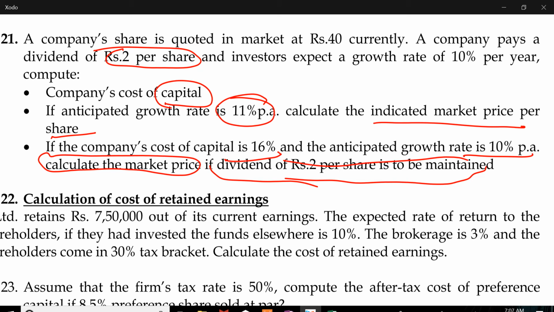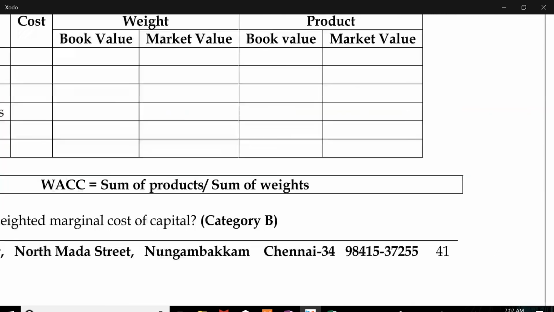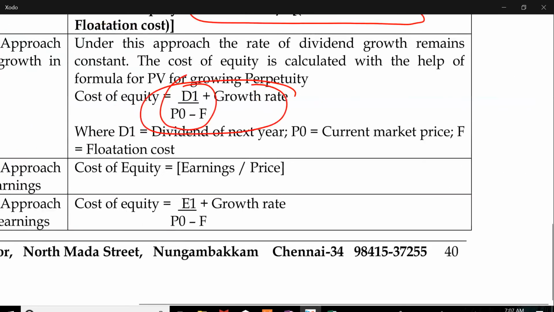So in all the formulas I gave, the denominator used to be P0 minus F. If there is a flotation cost in a problem, for KR purposes the denominator will be only P0. No concept of P0 minus F. The flotation cost should not be deducted for retained earnings, because in case of retained earnings I do not incur any flotation cost.